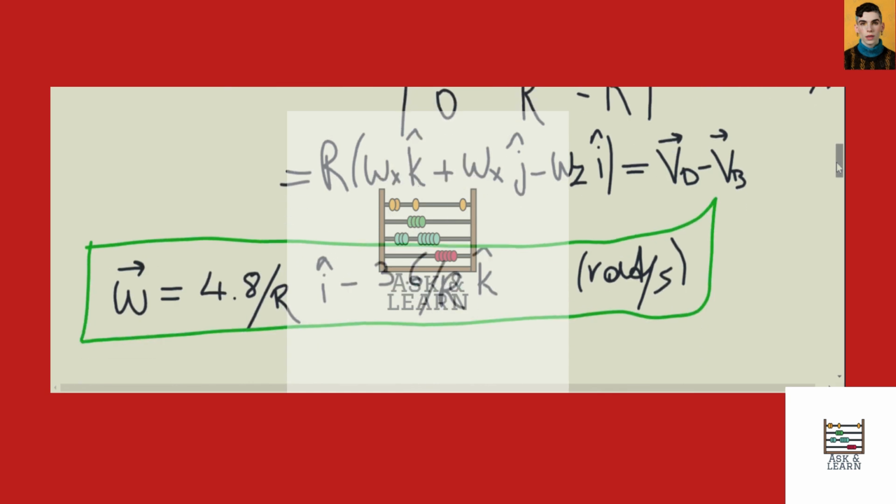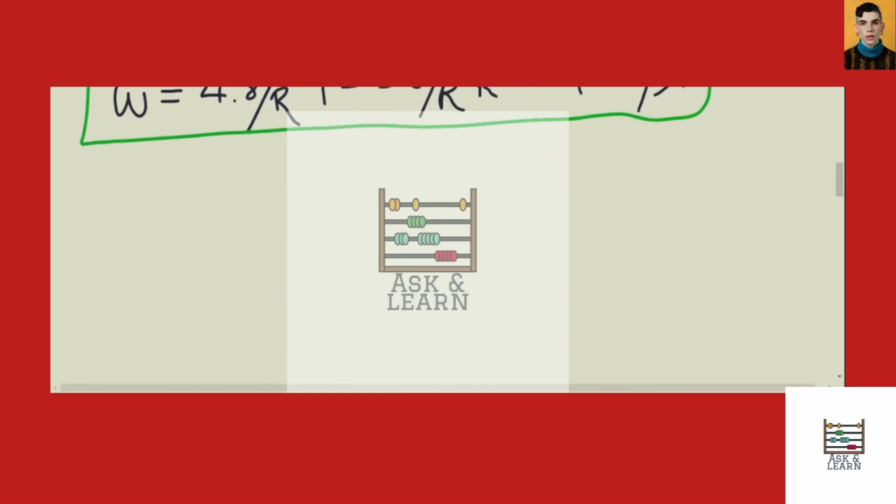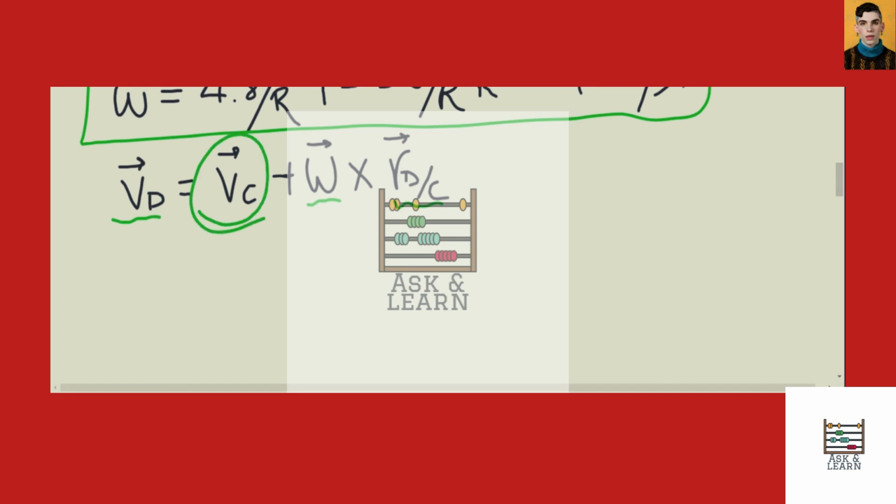Let's pick the equation for point D for convenience. So now we can calculate this one. We know that one, we will be given that one. And that way we can calculate this one.